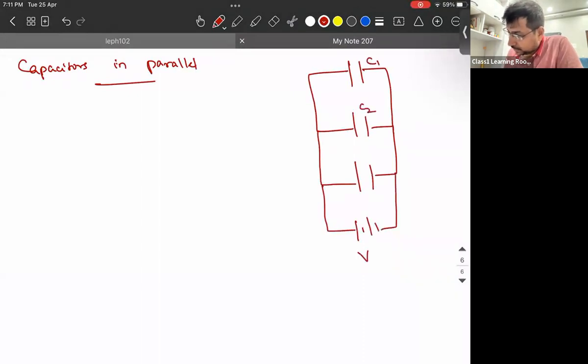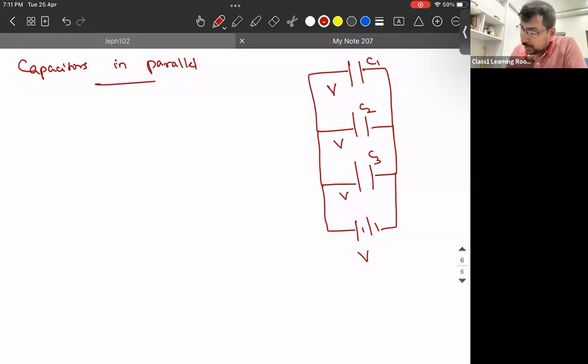If I take this to be C1, C2, C3, right? When you connect the capacitors in parallel, unlike series, in series the charge across each capacitor will be the same, whereas in capacitors in parallel, the potential drop across each capacitor will be the same. So here, if I take the potential drop to be V, here also it will be V.